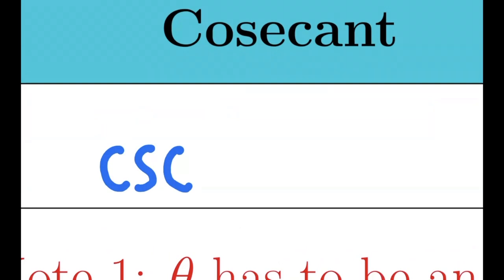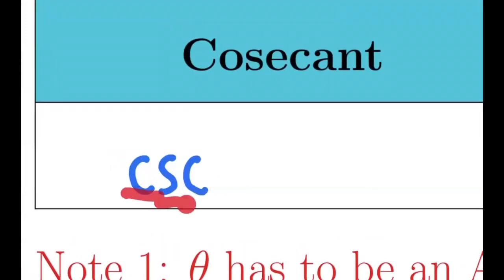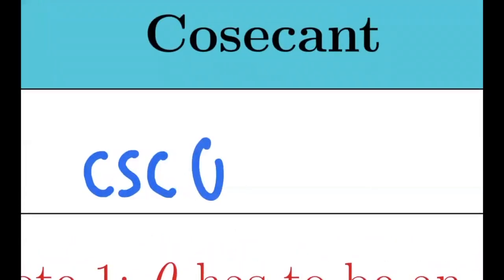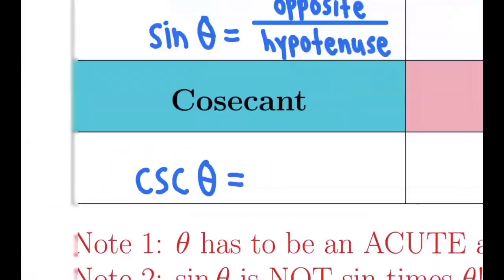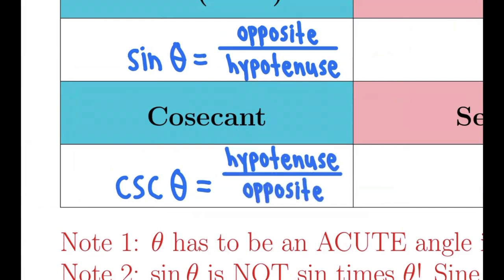I like it controversial. So cosecant, it's abbreviated CSC. So cosecant of theta, like I said, it's the reciprocal of sine. So instead of the length of the opposite leg over the length of the hypotenuse, now it's the length of the hypotenuse over the length of the opposite leg. So it's hypotenuse over opposite.